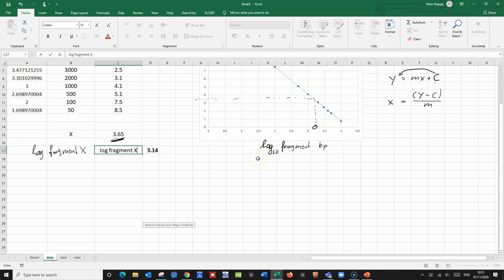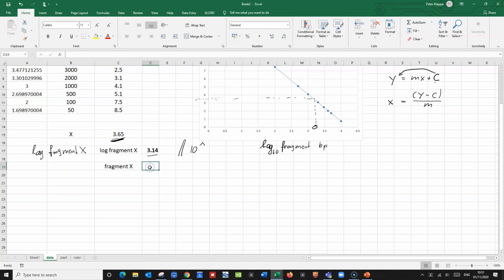Now, how do we convert the log into non-log? We know that in order to convert a log, we need to eliminate the log, and we can do that because it's base 10. We can do that by taking 10 to the power of this value, and that would give us our fragment x.